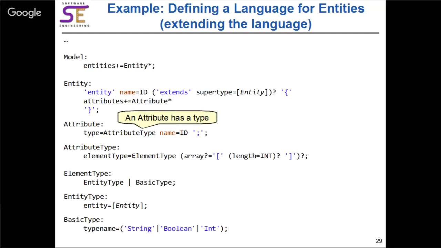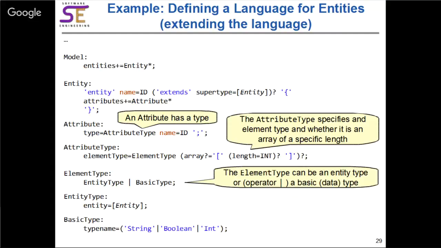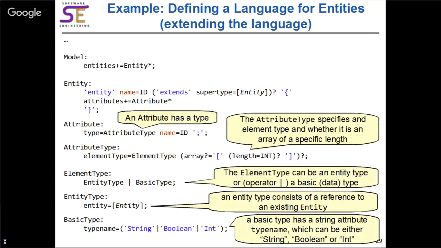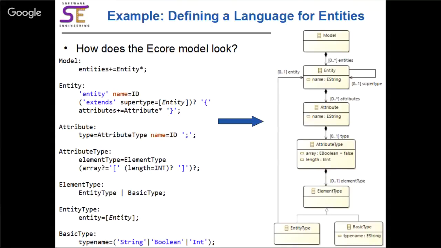So let's have a look at what the meta model looks like that gets generated from this grammar definition. Maybe now it becomes a bit clearer what this grammar is trying to say. So again, we have an attribute. And now instead of saying, hey, this attribute is typed by entity, as we did previously, so you still see the picture here on the blackboard, this is something what the entity type now does.